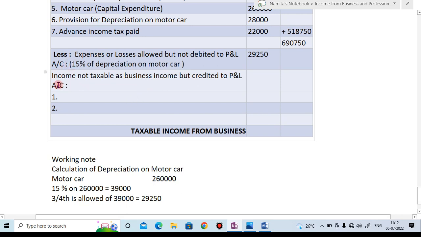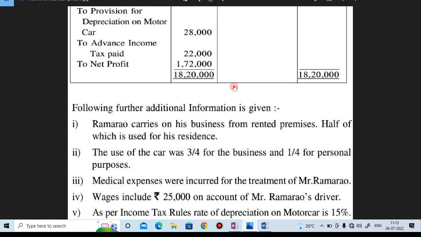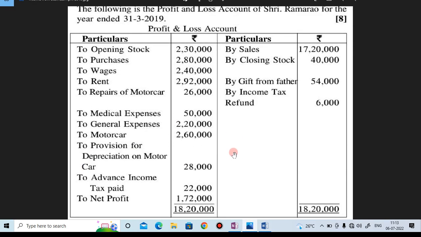After that, income not taxable as business income but credited to profit and loss account. This means income which is not related to business but is still shown on the credit side of the profit and loss account. So we have to identify such income from the credit side.